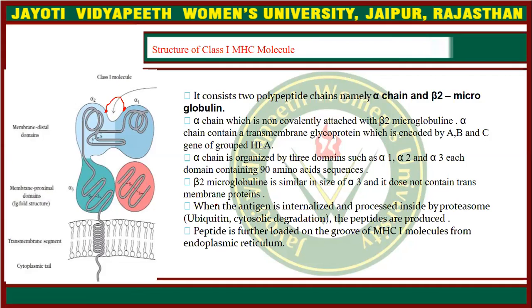Beta 2 microglobulin is similar in size to alpha 3, and it does not contain any transmembrane protein. Only alpha 3 has the transmembrane protein.